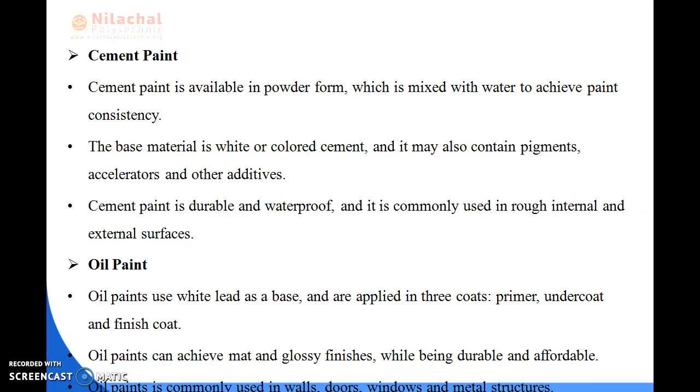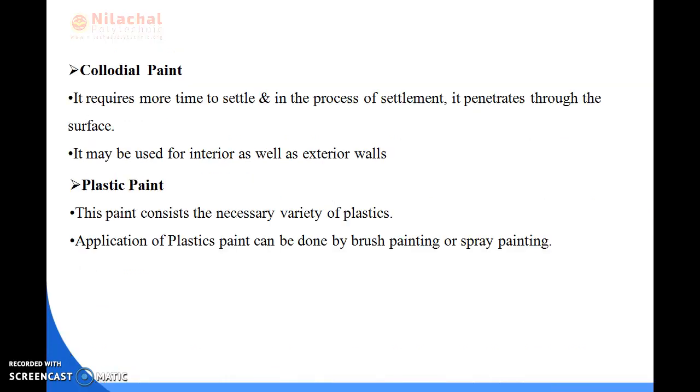It is mainly available in powder form to achieve a consistency and it is durable and waterproof. Next is oil paint. It is applied in 3 coats: first is primer, then undercoat and last is the finishing coat. It is durable and affordable and it is mainly used on walls, doors, windows and metallic structures.